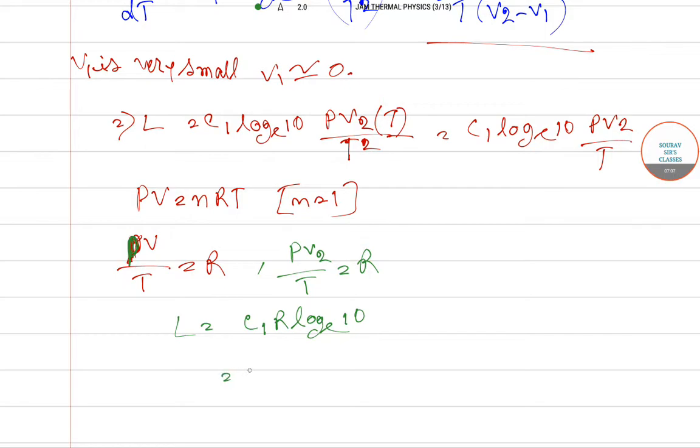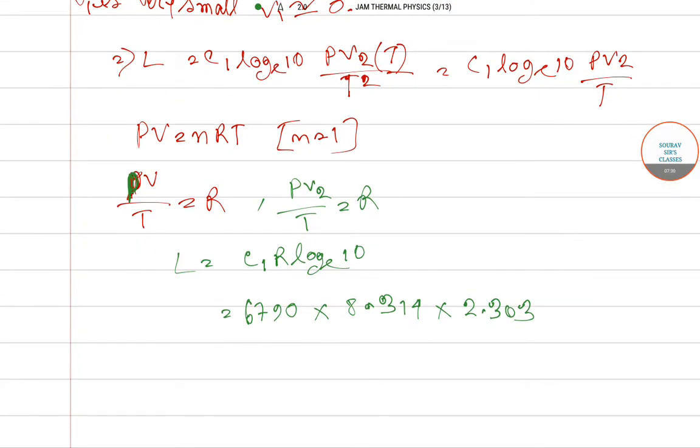So this equals C1 is given in the question, this is 6790, into R, which is 8.314 joule per mole Kelvin, and the value of log e of 10 is 2.303.